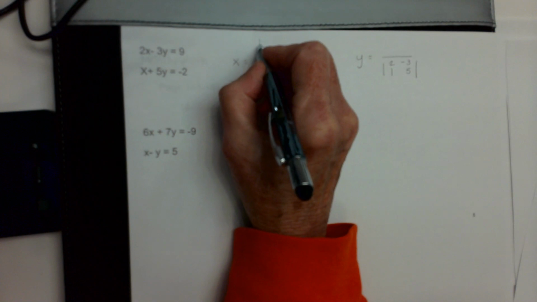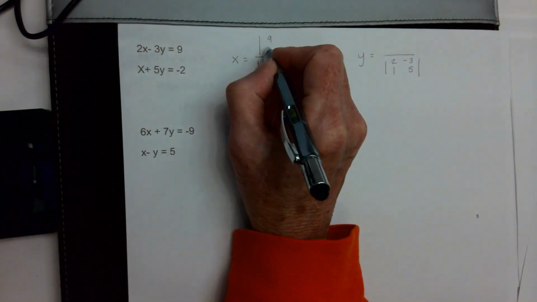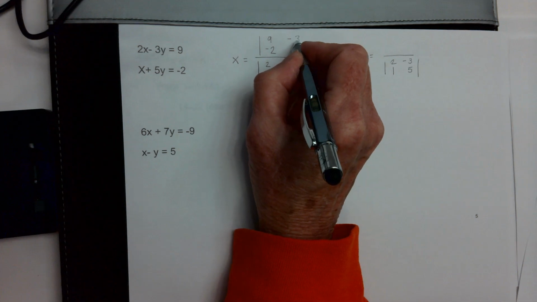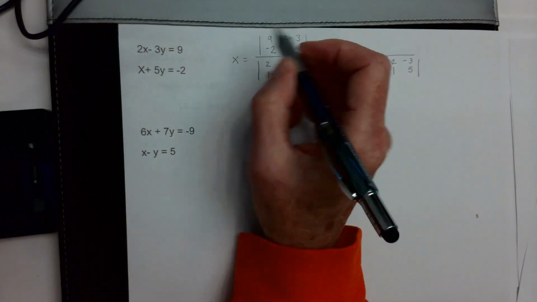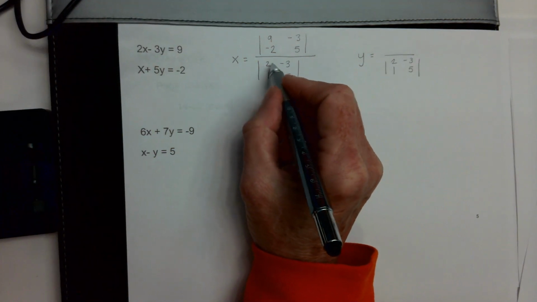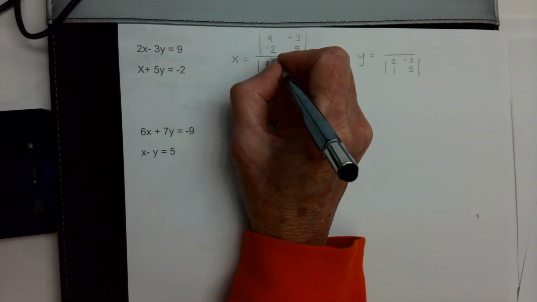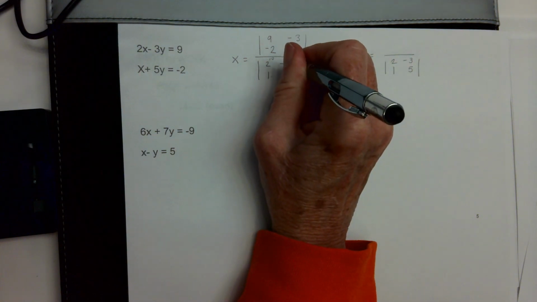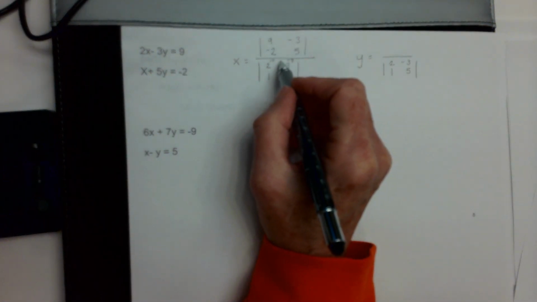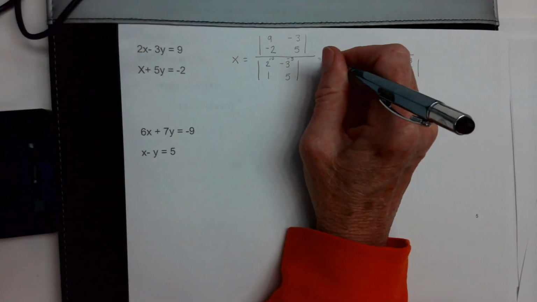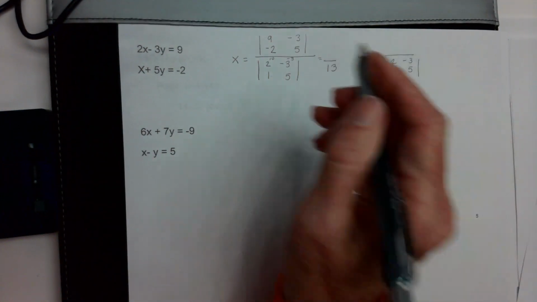For my x, it's last, which is 9, negative 2, and then negative 3, 5. So it's last and then middle. So to find the determinant, I multiply up, which is 10. Multiply up, which is negative 3. So I have a 10 minus a negative 3. So I'm going to have a 13 on the bottom there.